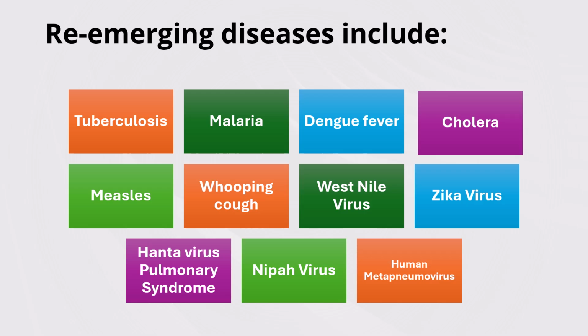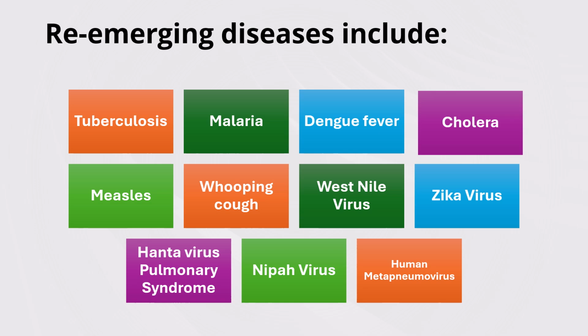Malaria, another re-emerging disease, although it has always been there. The efforts to control malaria have faced several setbacks, particularly in regions where insecticide resistance and drug resistance have developed.